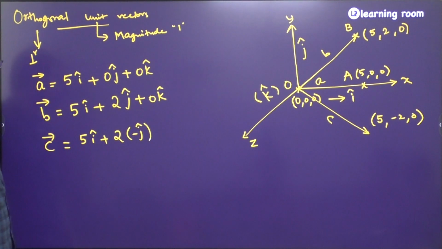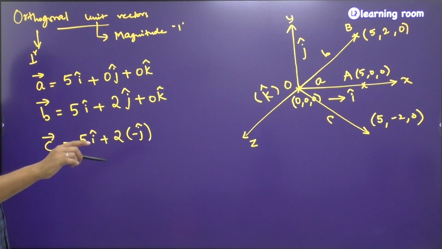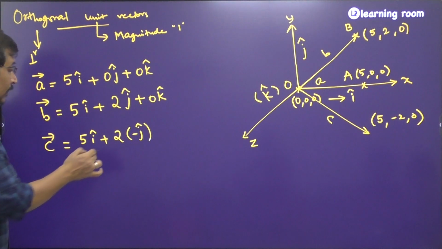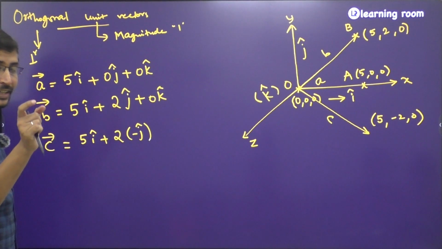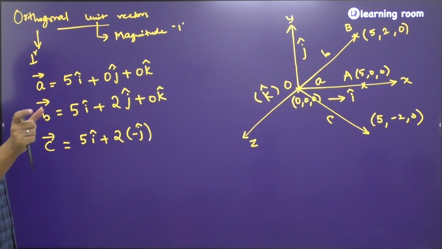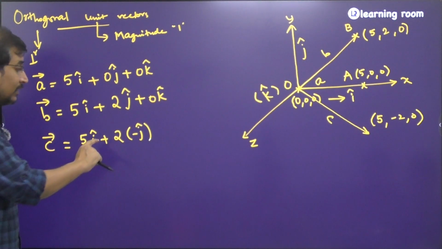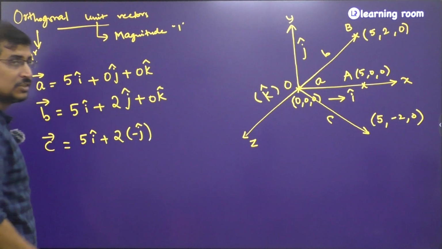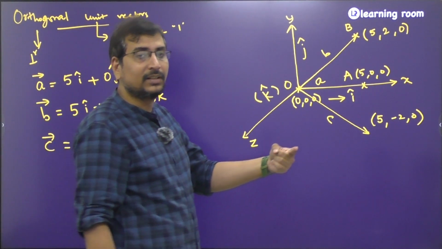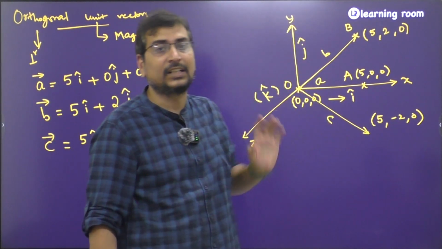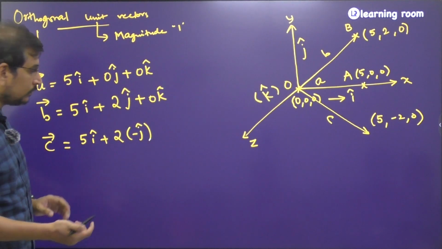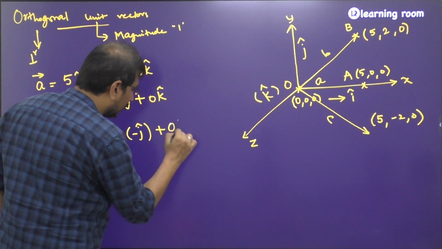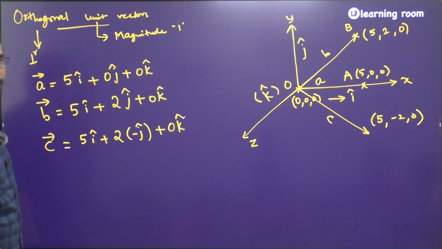It is not minus 2 j cap. It is actually 2 times minus j cap because this first part is the magnitude. Magnitude is always positive because it's a length. This plus or minus will decide the direction. Meaning, if I write minus j cap, then I am telling that the object is moving in the negative y direction. Plus 0 k cap. Am I clear with this?